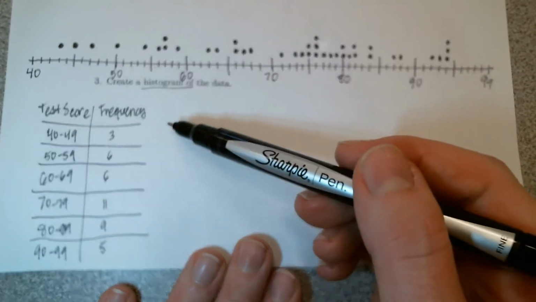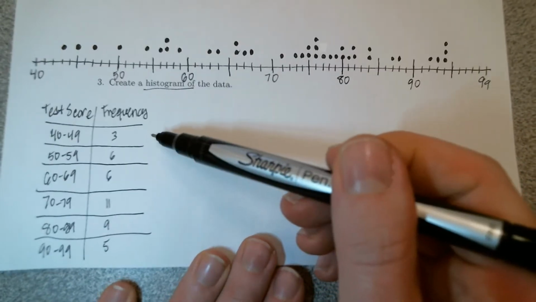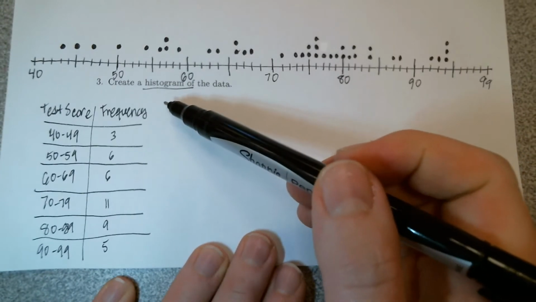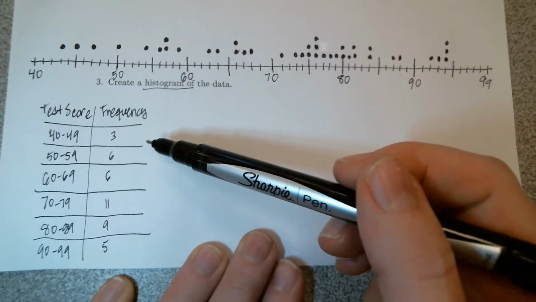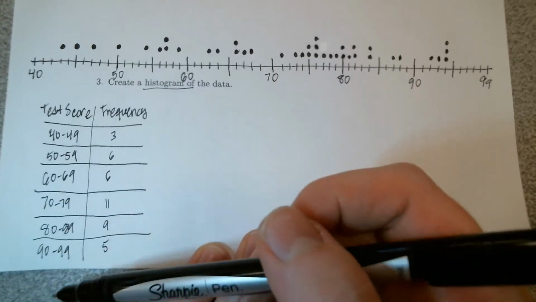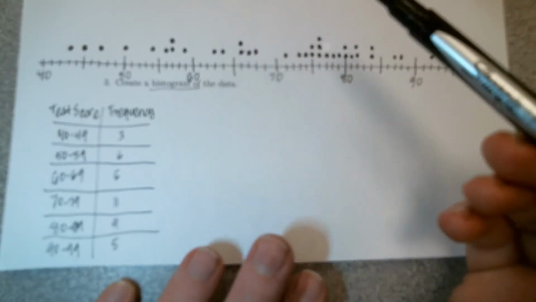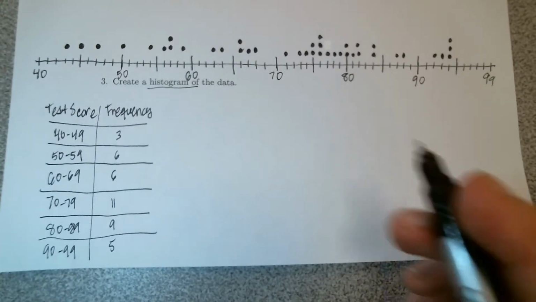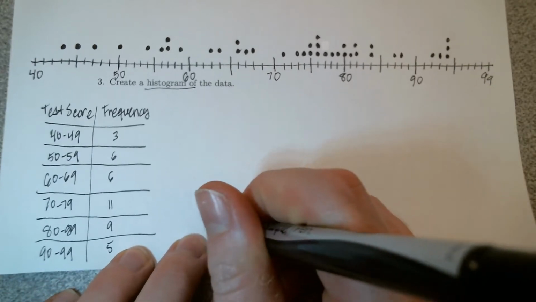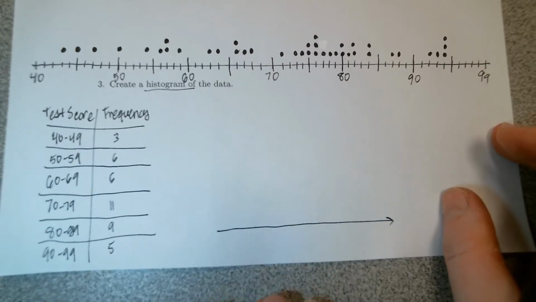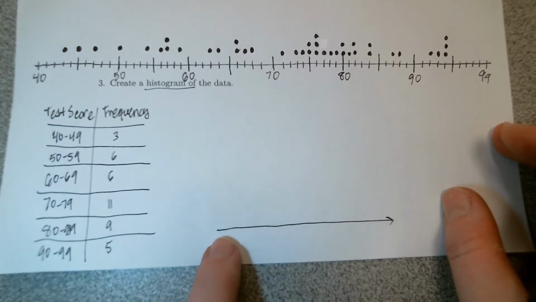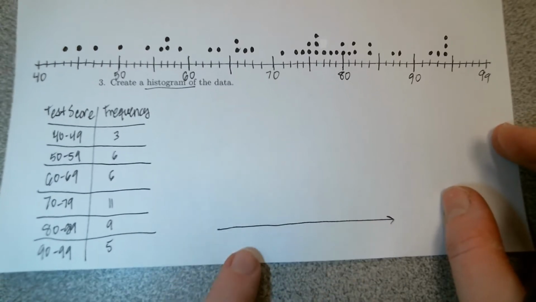Okay, so here's the frequency distribution that we made for this same data set in a previous example video. So what I'm going to do is transfer this frequency distribution into a visual that we call a histogram using a bar graph. In a histogram, you want to represent your actual data values on your horizontal axis.